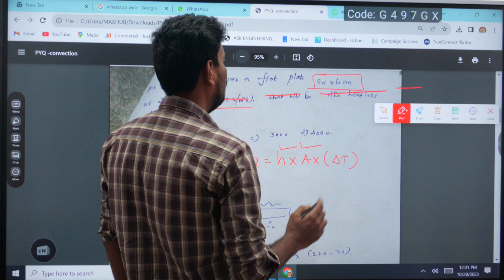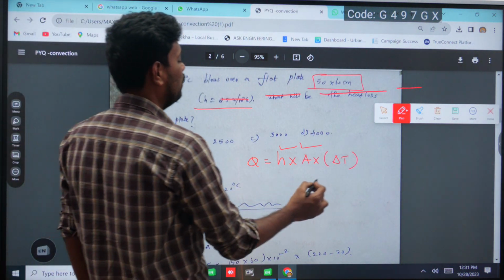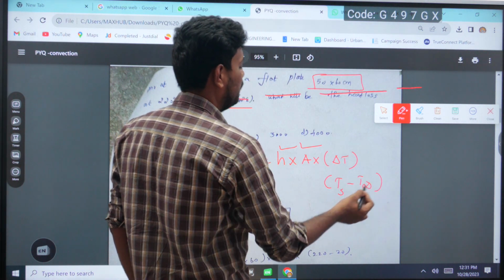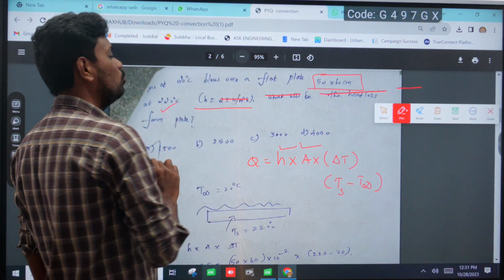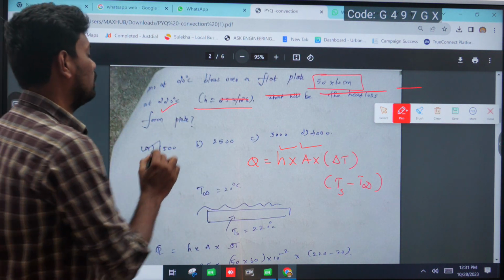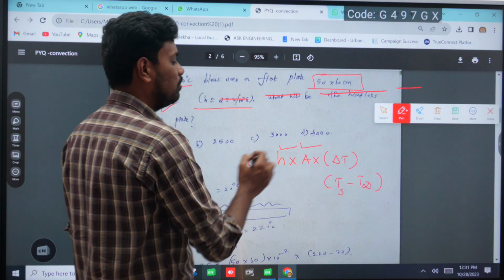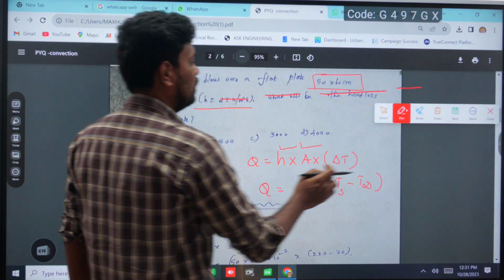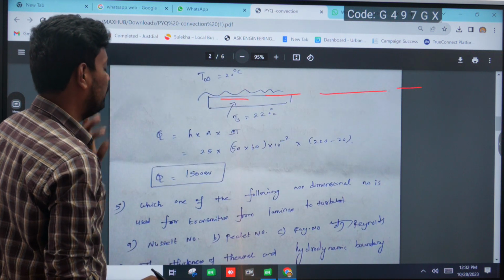Then delta T means the temperature difference between the object and the surrounding, so Ts minus T infinity. Ts is the surface temperature of the plate, which is 220 degrees Celsius, and the air temperature is given as 20 degrees Celsius. If you put all the values in the formula, you will get the amount of heat loss. So that is the equation that we have to use to find out Q.